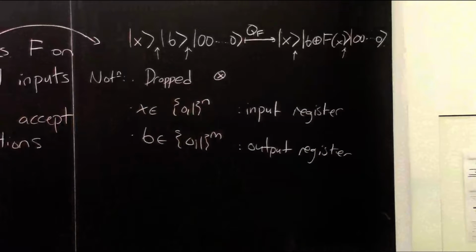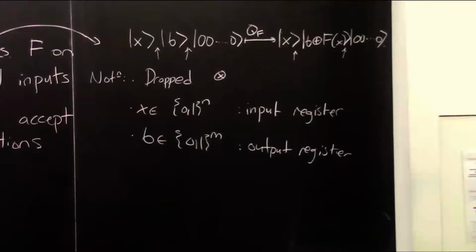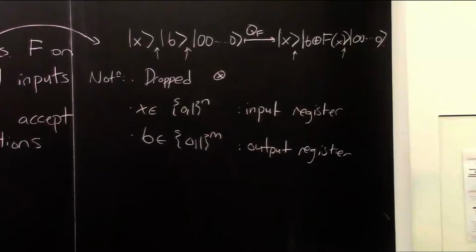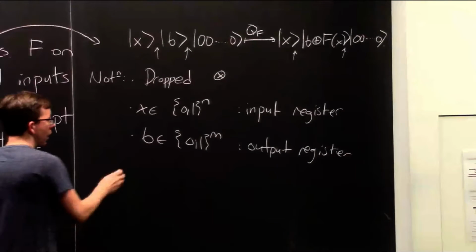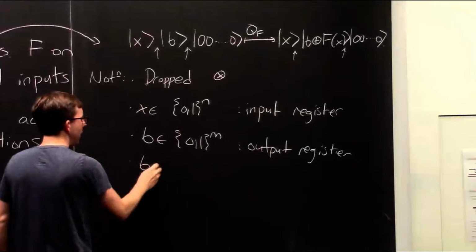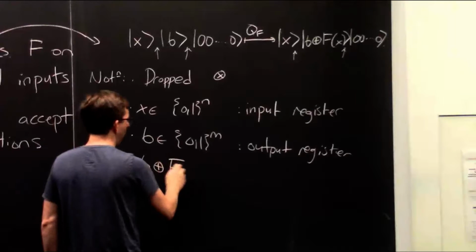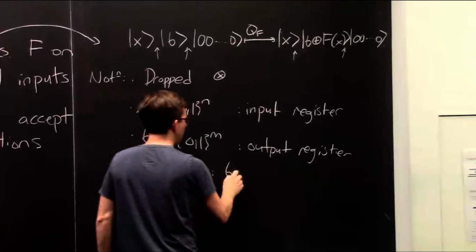And mainly, you're going to be thinking of using Q_f with b set to be all zeros, although we'll see in a second why you might want something else. But typically think of b as 0. And so this means b XOR f of x. This is the bitwise XOR.